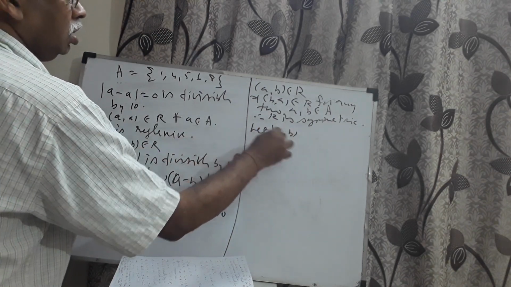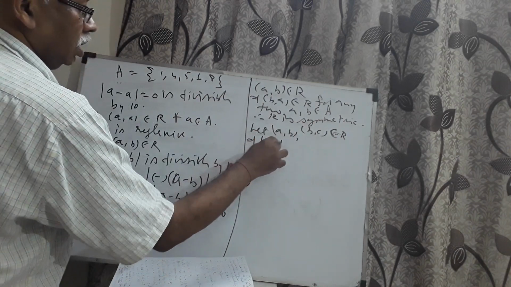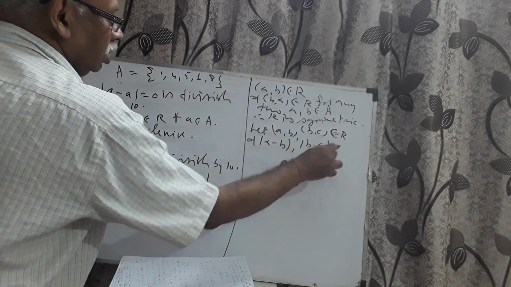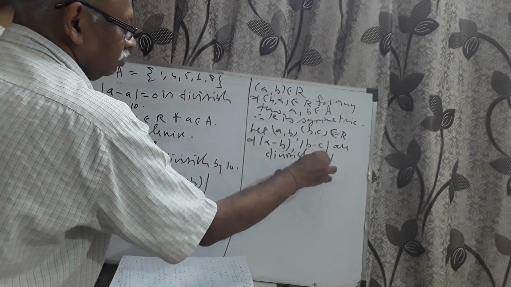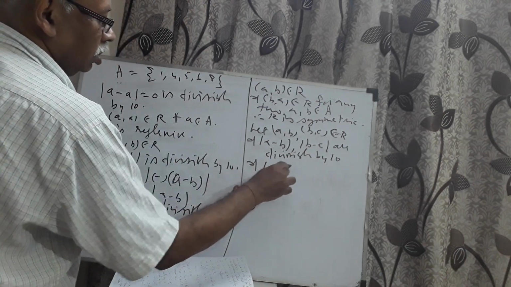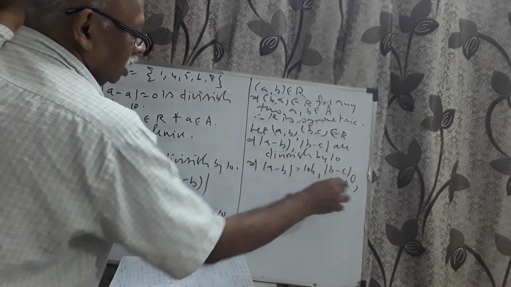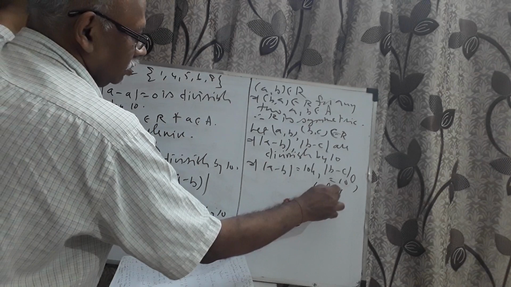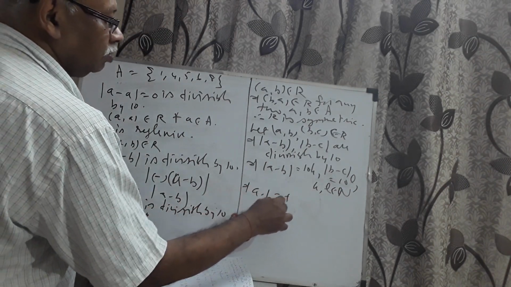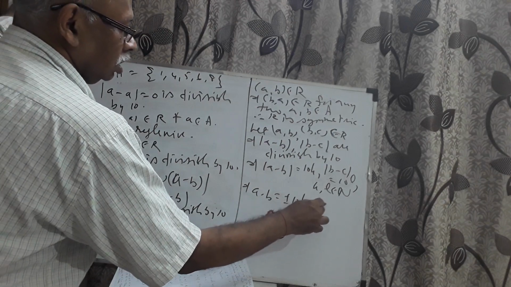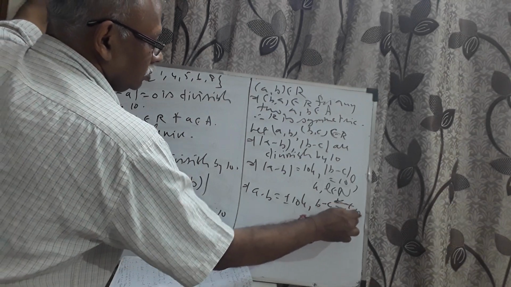Let (a, b), (b, c) be elements of R, which implies mod a minus b and mod b minus c are divisible by 10. Multiples of 10, divisible by 10, both are the same. Mod a minus b is 10k. Mod b minus c is 10l, k, l elements of N. They are positive quantities, therefore I take it as N, which implies a minus b is equal to plus or minus 10k, b minus c is equal to plus or minus 10l.